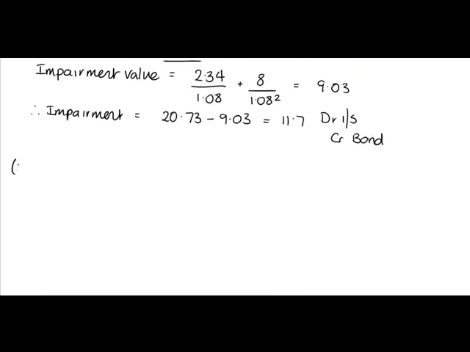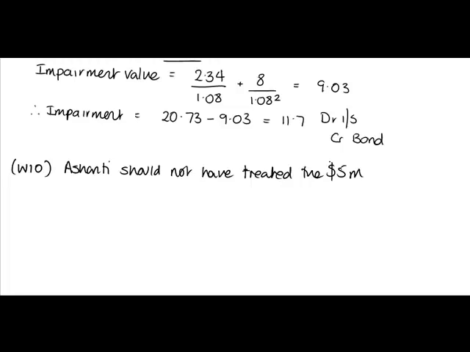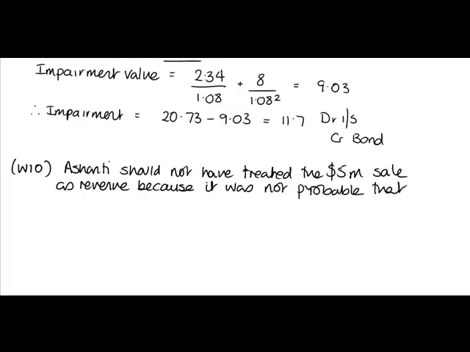So what I would say here is that Ashanti should not have treated the $5 million sale as revenue because it was not probable that it would have received cash from the customer.